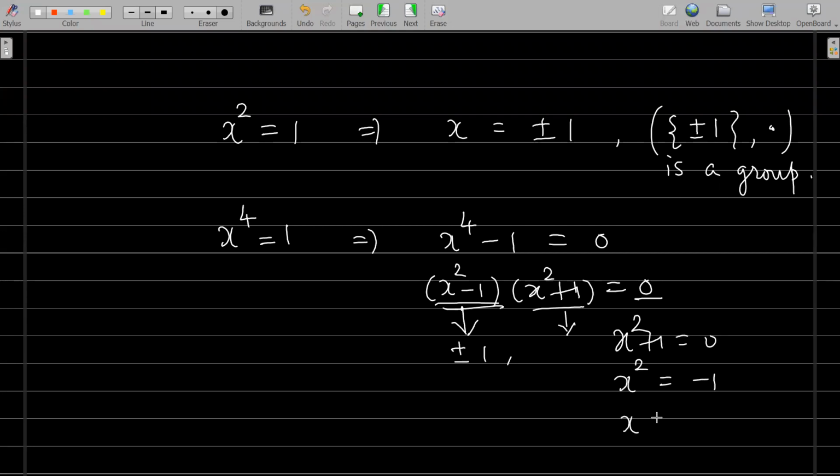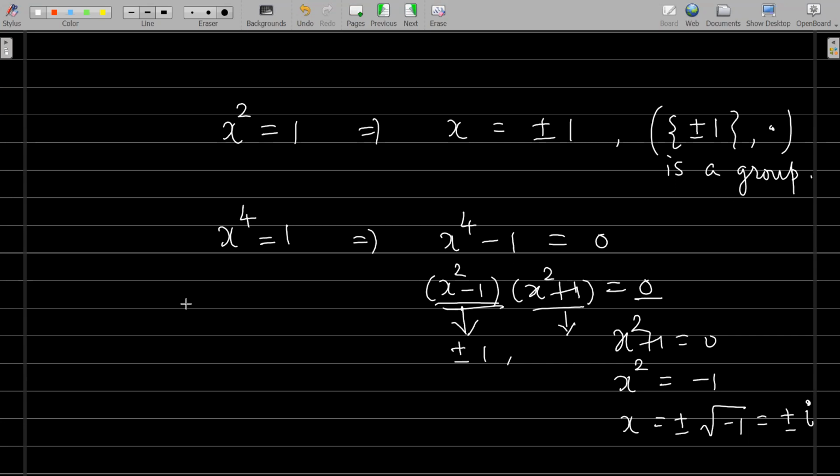So that's why I asked whether you know basic things of complex numbers or not. This will give me root of minus 1 with plus minus sign, and root of minus 1 is denoted by i, the basic imaginary number. So plus minus i.